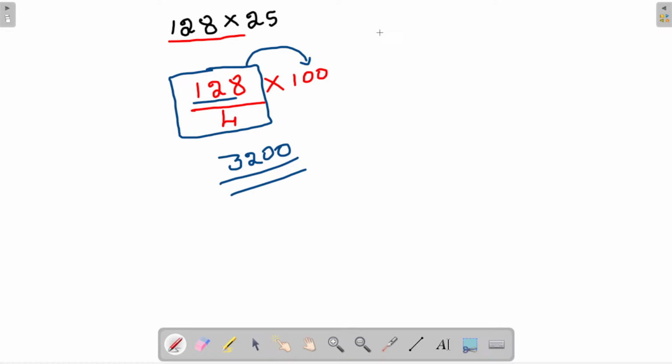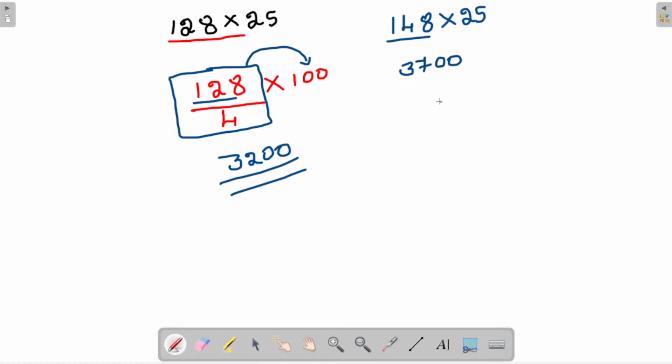I will repeat one more time. For example, 148 into 25. Half of 148 is 74. Half of 74 is 37. Into 100.